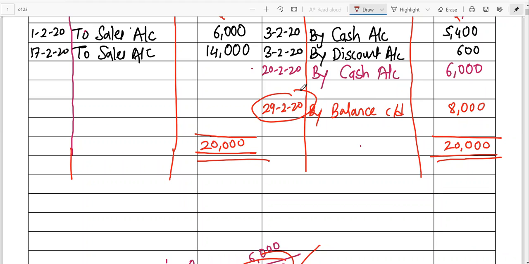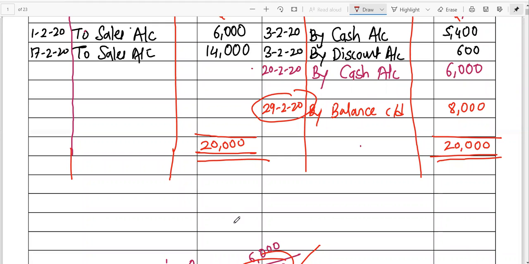Because we are preparing Raghav's account, this balance should be shown in March also, because we are not preparing financial statements on 29th Feb. Sir, what are financial statements? You will learn in final accounts.